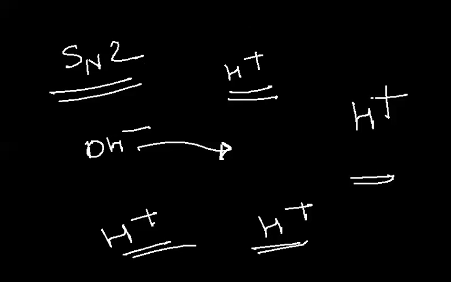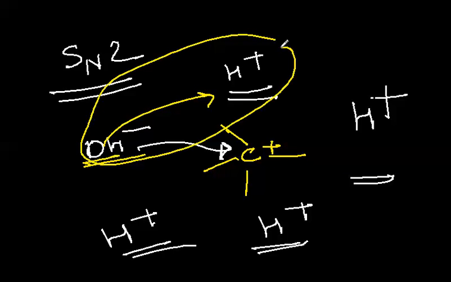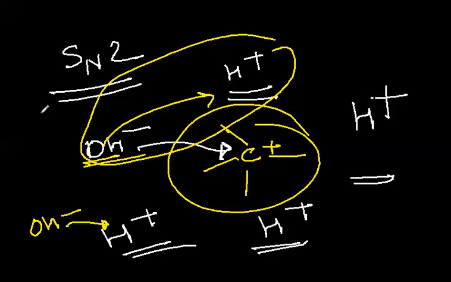And what will happen then? This OH will no more be interested in going to that C, as you have seen in the SN2 mechanism. It won't be interested in reaching that C because it is now easily getting this hydrogen, so it is going to combine with this hydrogen easily. All these nucleophiles will get this positive charge easily. They won't approach this substrate then. So it is not advised to use a polar protic solvent in the SN2 mechanism.